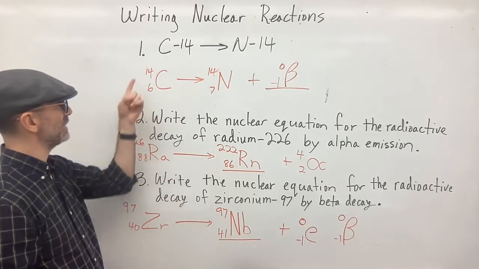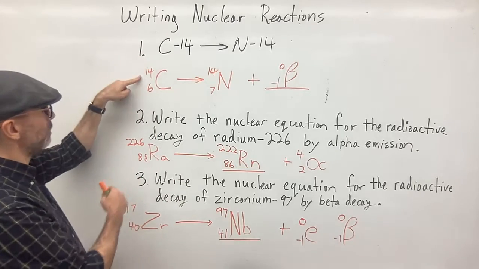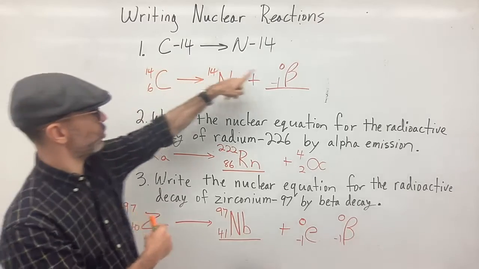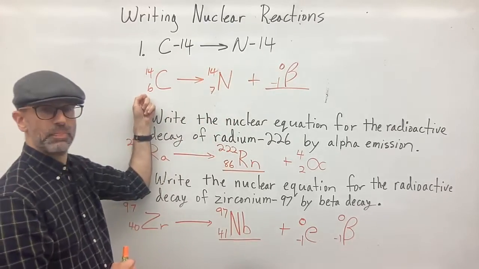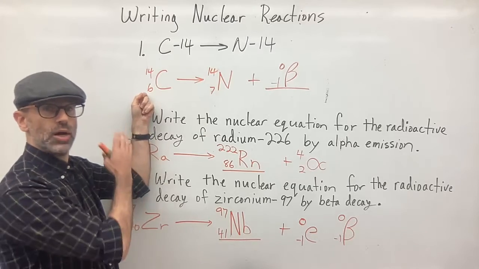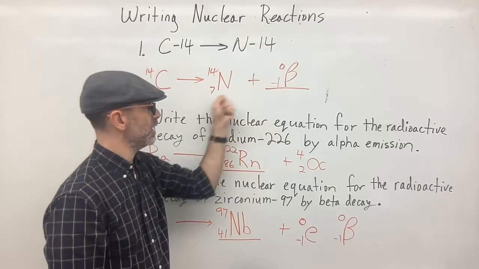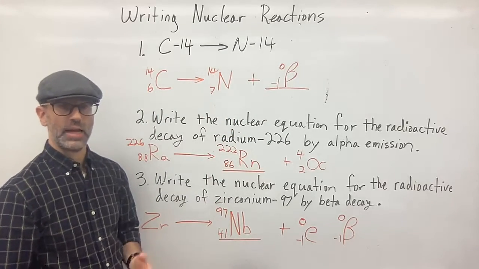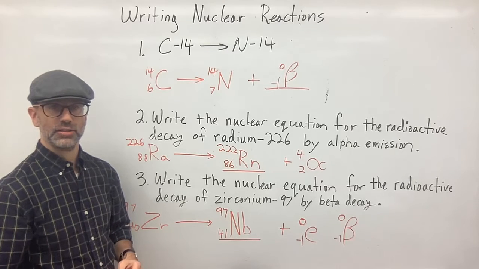Remember, the key is everything on the top, the top numbers on this side of the equation has to equal the total top numbers on this side. And the total bottom numbers on one side of the equation has to equal the total bottom numbers on the other side. That is the key to writing and balancing your nuclear reactions.